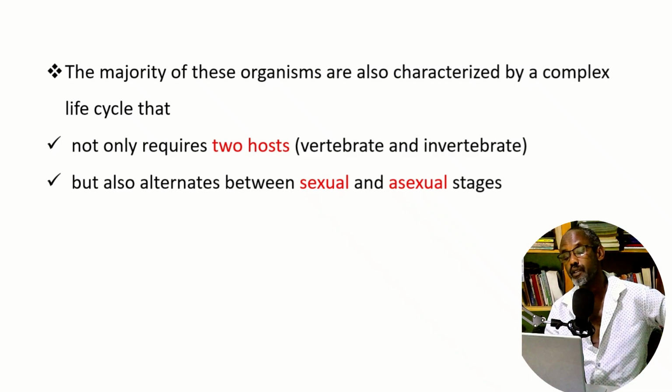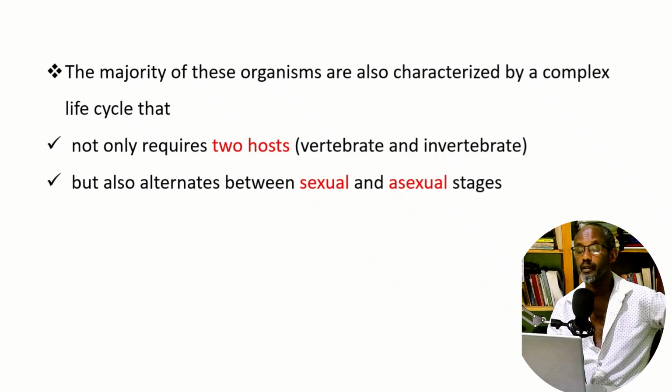They multiply asexually in one host, then they multiply sexually in the other host, of course. Therefore, you can say alternation of host. They change host. And also alternation of generation. Sexual generation, asexual generation. Again, sexual, asexual.